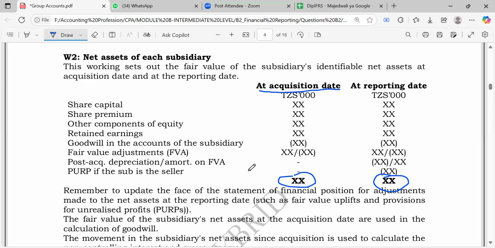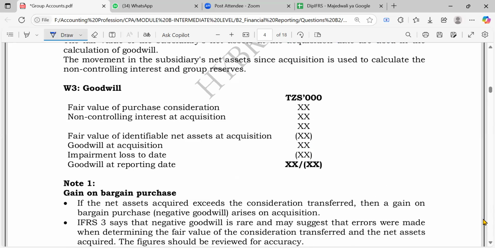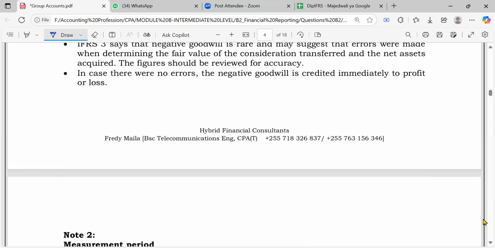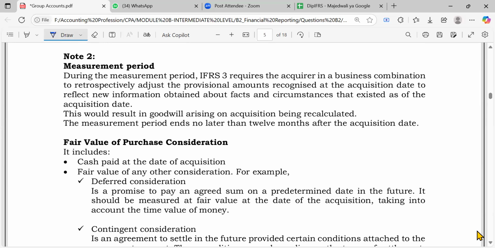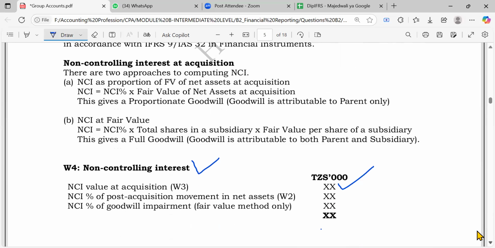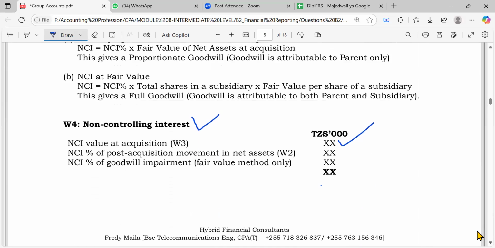Partly you multiply by the percentage. If the parent is 60%, then you take 60% of that figure to the group reserves, group equity, and the remaining 40% is taken to non-controlling interest. Get the point. So that's what we have to deal with here.